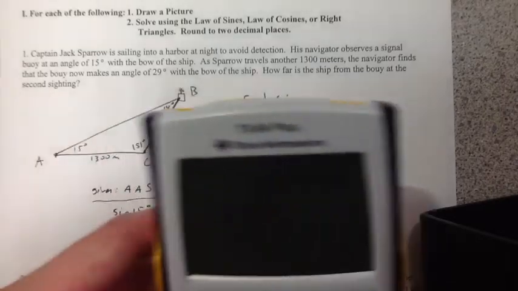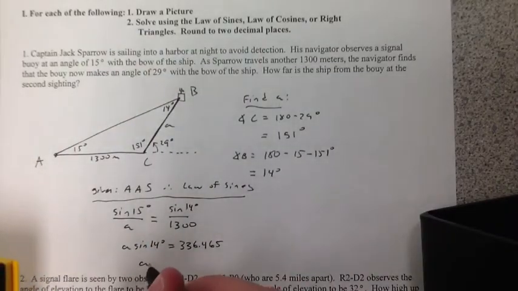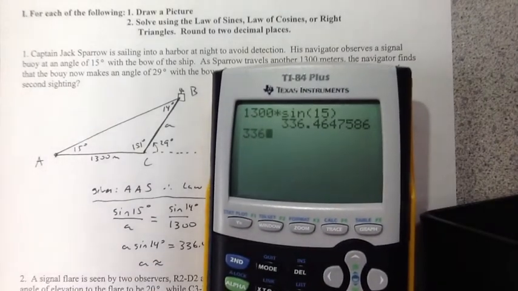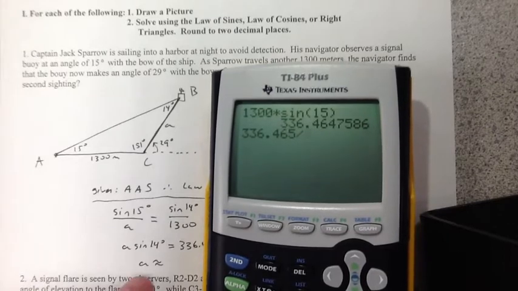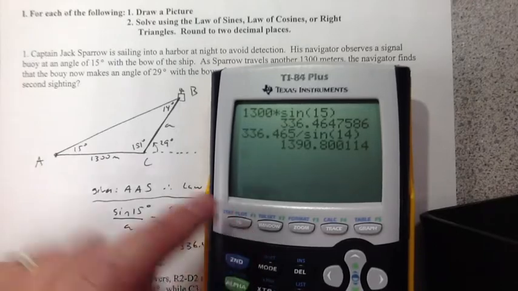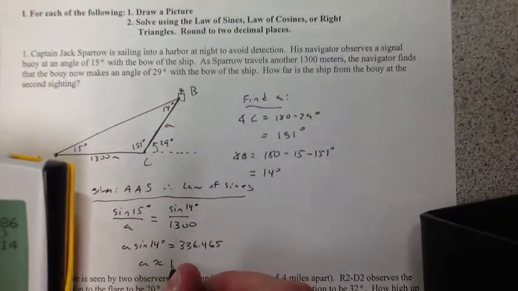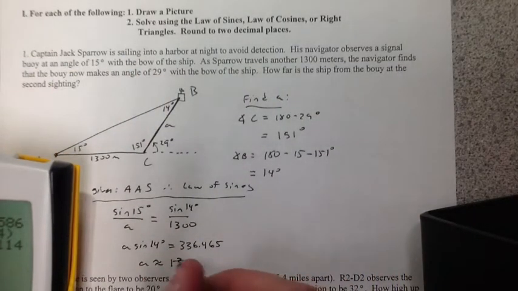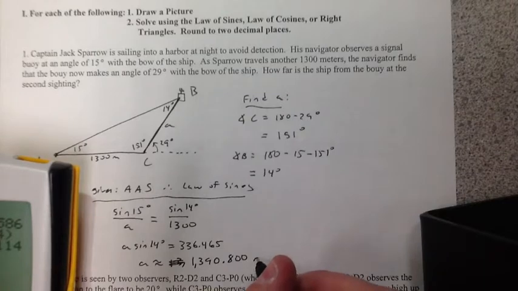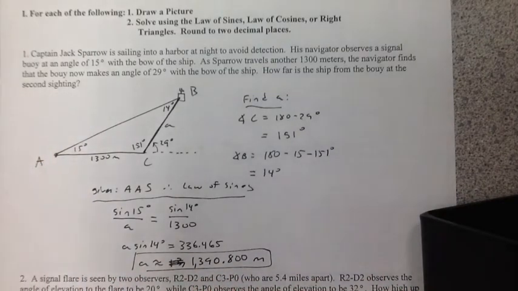And so to get A, we take that 336.465 and I divide that by the sine of 14. Just like this, I hit enter, and he's now 1,390.800 meters from the buoy. And there's our answer for Captain Jack.